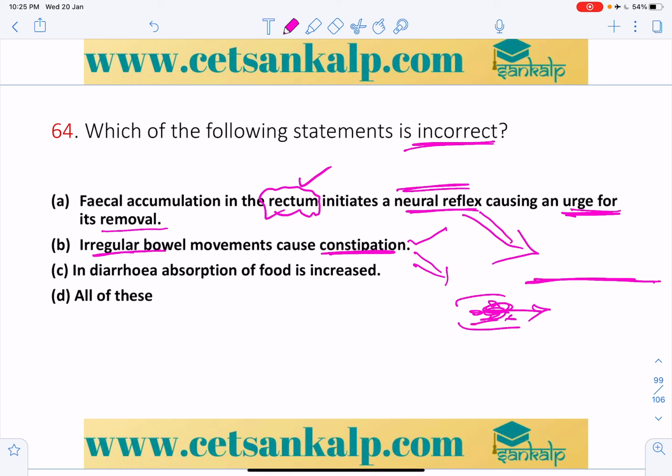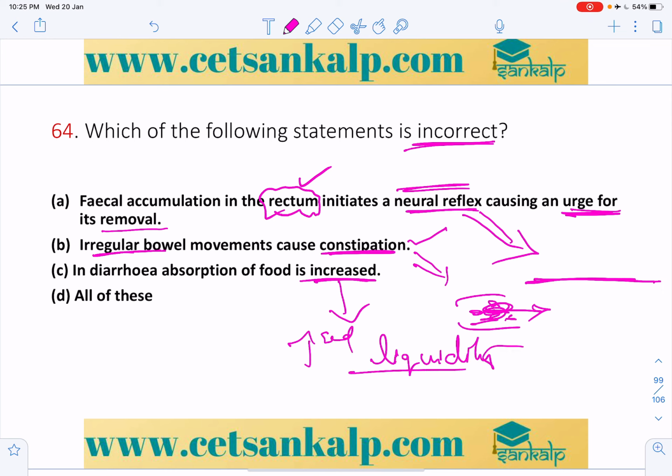In diarrhea, absorption of food is increased. No, as there is increased liquidity of the food, more of the food will be eliminated. So there is no proper absorption in case of diarrhea.